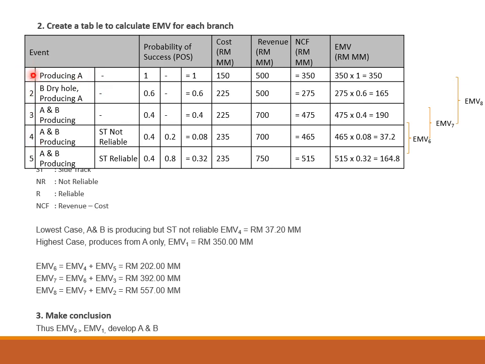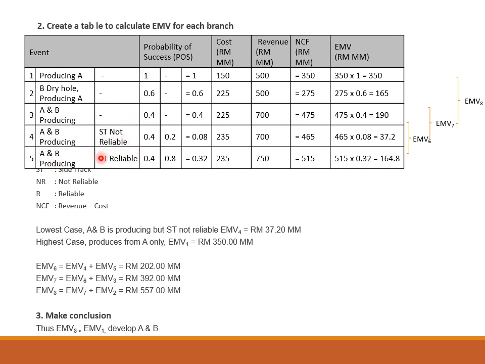Event 1 is to just produce A, and event 2 is to produce A and B but with a dry hole, and then event 3 is both A and B producing. Even if both A and B are producing, you can have a sidetrack or not have a sidetrack. If you do not have a sidetrack, then you put in all of the values later.